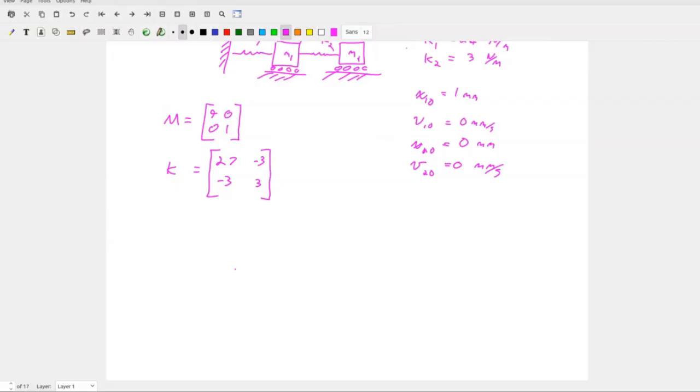All right, we need our mass normalized stiffness matrix. So K tilde is equal to M to the -1/2 K M to the -1/2.